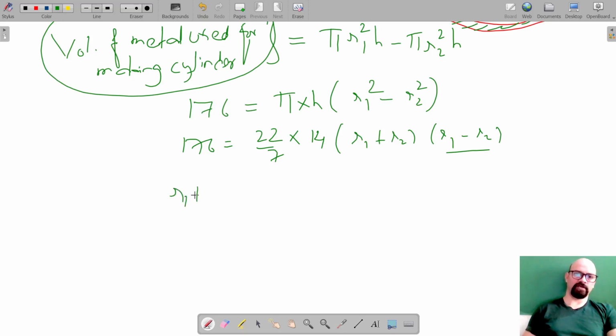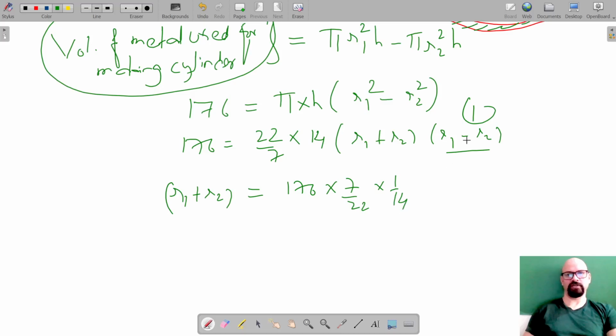So I can write that r1 plus r2 is equal to, 176 into 7 by 22 into 1 by 14, the 1 we can neglect. So 11 twos are 22, 11 ones are 11, 2 eights are 16, and 2 sevens are 14, this gets cancelled, so this is 4.